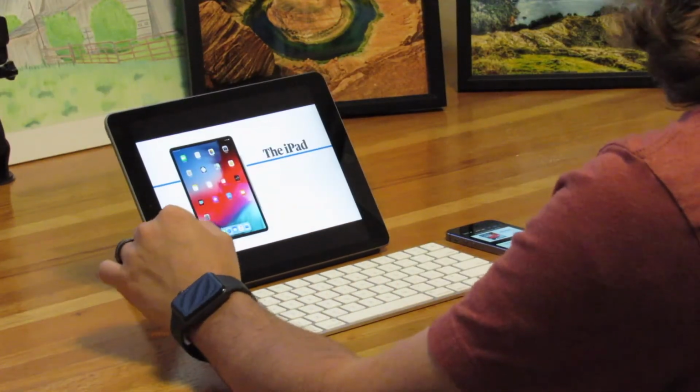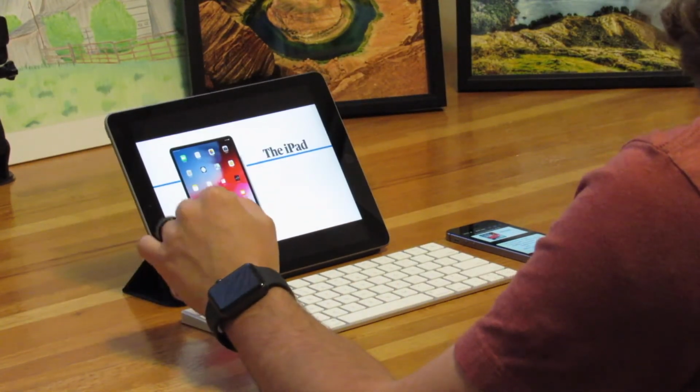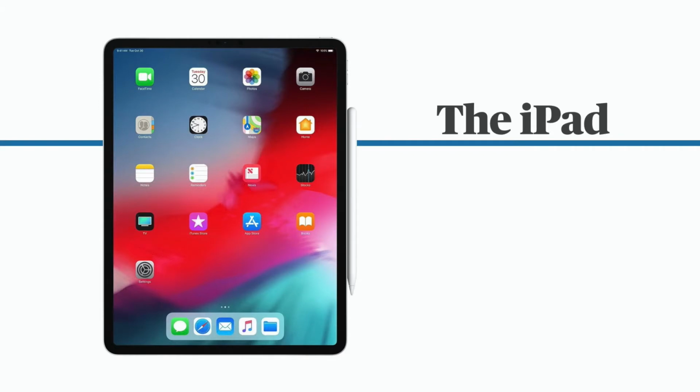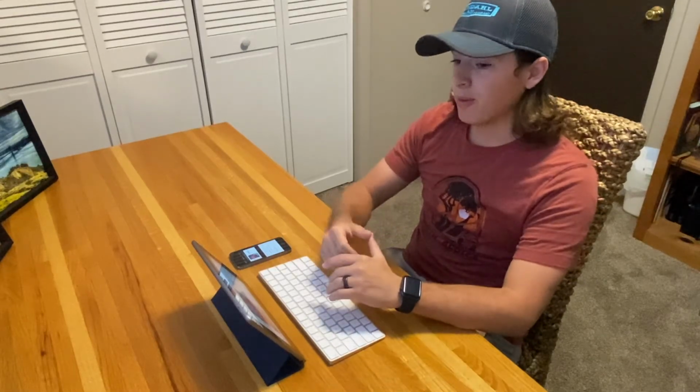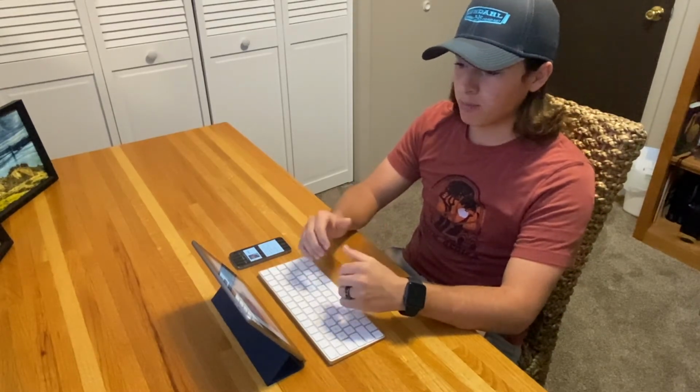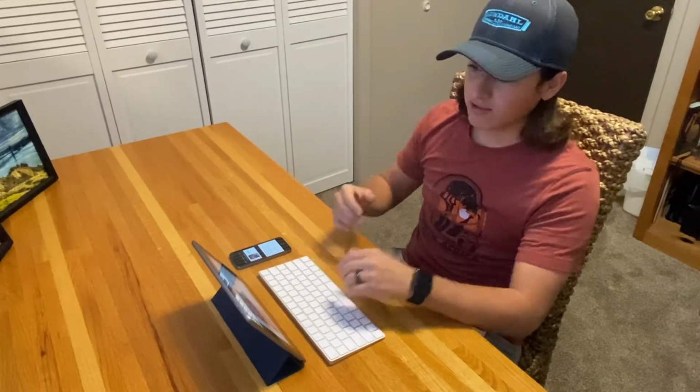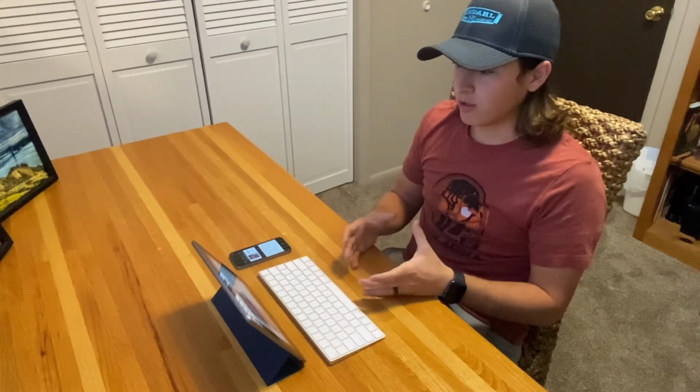Now, the iPad is Apple's version of creating a mobile computer that is different from all of the other computers they sell because it is incredibly mobile, but it also uses iOS, which is one of the easiest operating softwares to use. There are many people who have a difficult time running and working on a computer because there are so many options and things that you have to know.